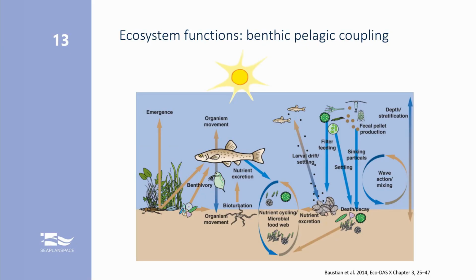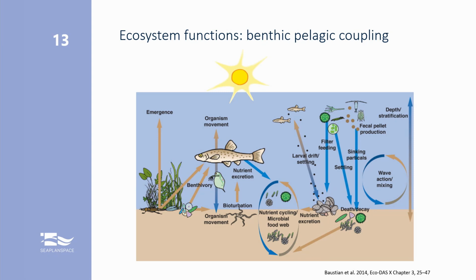Here in this picture, we have a very nice indication of selected processes which can be recognized during benthic-pelagic coupling. The blue arrows are connected to benthic-dominated processes, and this is, for example, filter feeding provided by, for example, blue mussels.